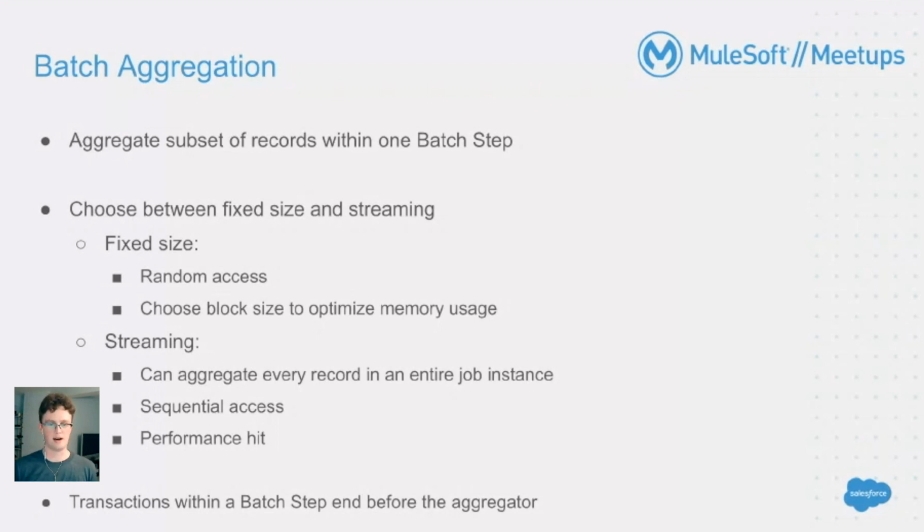Also, from a larger perspective, you can't have transactions that cross multiple batch steps. The records are going back onto the queue in between the steps. There are a lot of problems with declaring that these multiple parallel steps all have to succeed or all have to fail together.